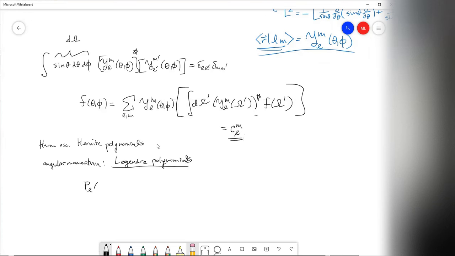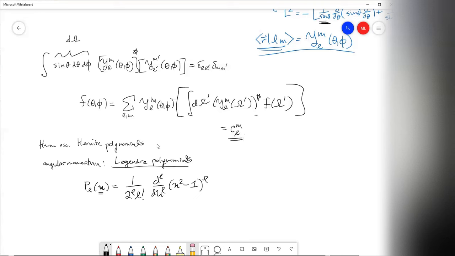The Legendre polynomials are given by, where this is just some function u, and it's going to turn out to be cosine theta, the same theta as here, the polar spherical coordinate. The polynomials themselves look like this: L derivatives with respect to u acting on u squared minus 1 raised to the L power.